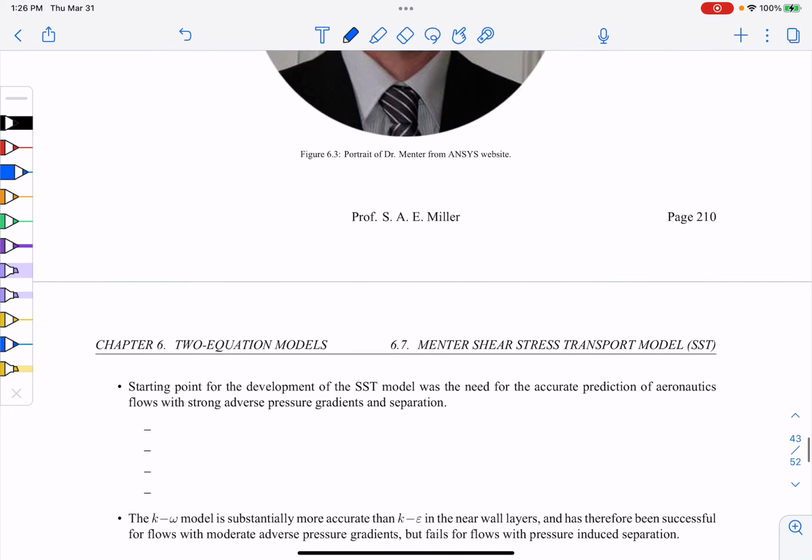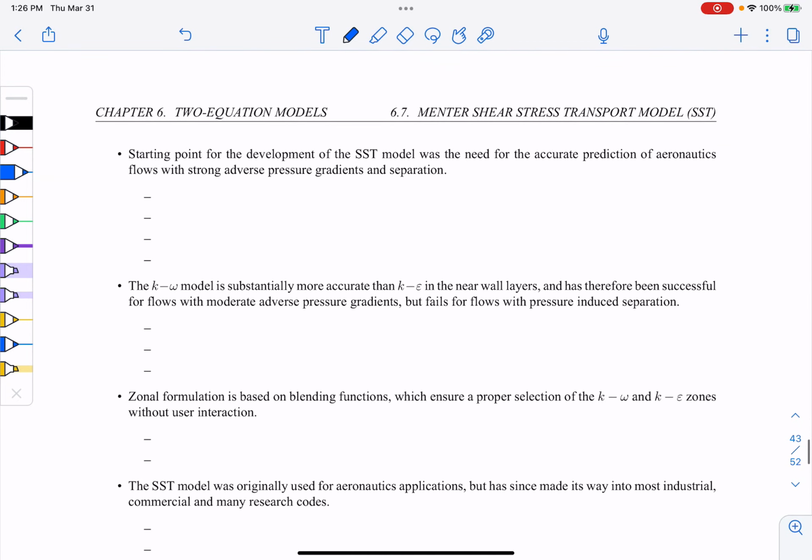And let's talk about, at least in the next few minutes of class, I guess we have maybe 10 or 12 minutes, some of the starting point of this. But in the big picture, let's just talk about the vision so we know where we're going. You're going to take the K epsilon model, and you're going to try and modify it and combine it with the K omega model.